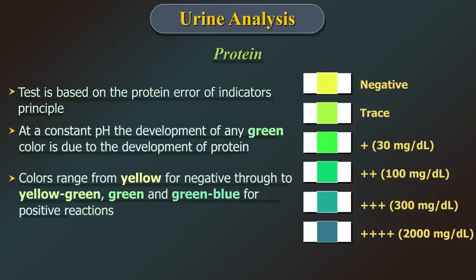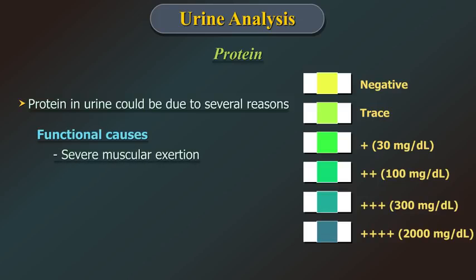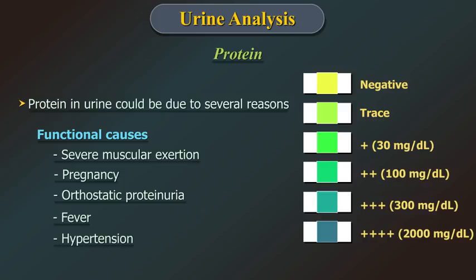Protein. At a constant pH, the development of any green color is due to presence of protein. Colors range from yellow through to yellow-green, green and green-blue for positive reaction. Protein in urine could be due to several reasons like functional causes as in muscular exertion, pregnancy, orthostatic proteinuria, fever or hypertension.